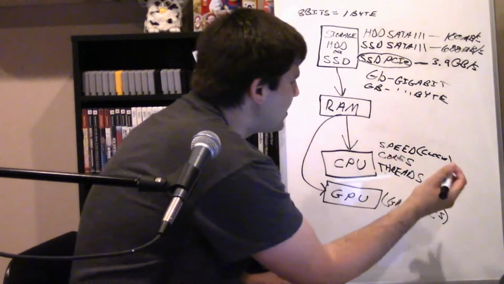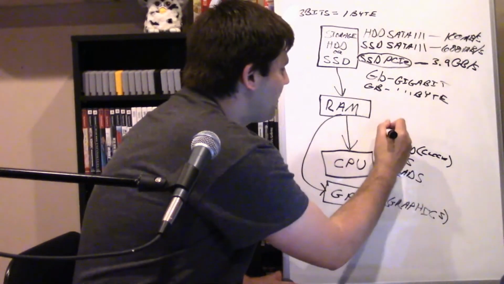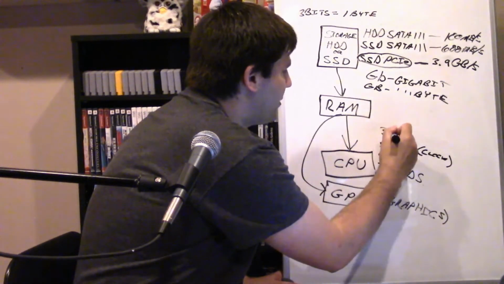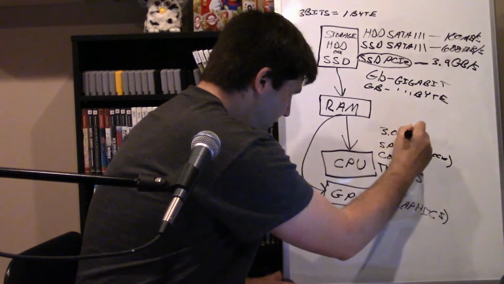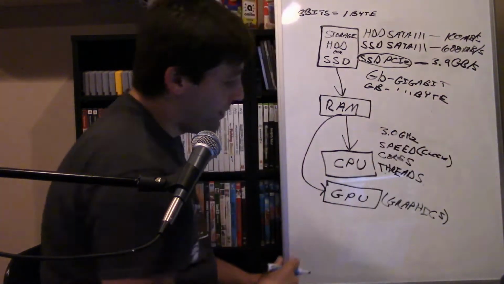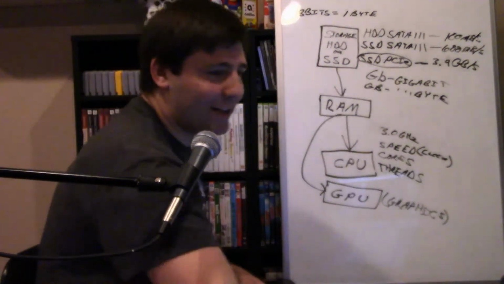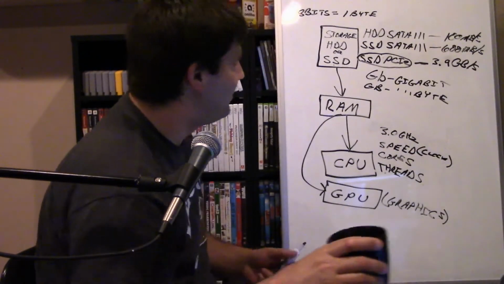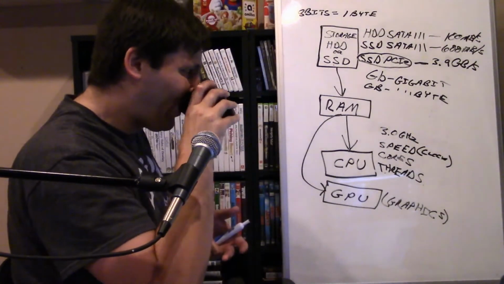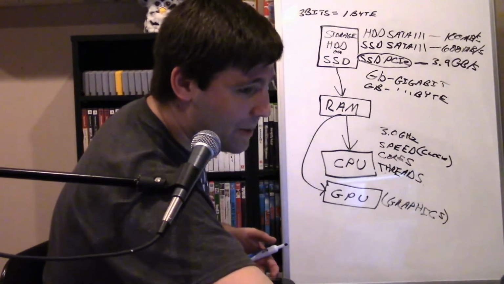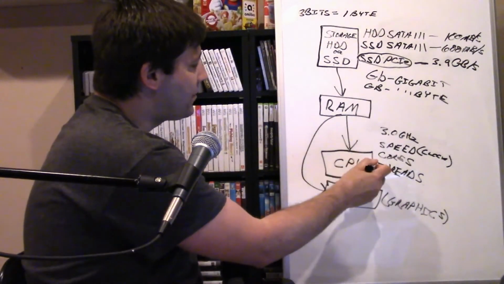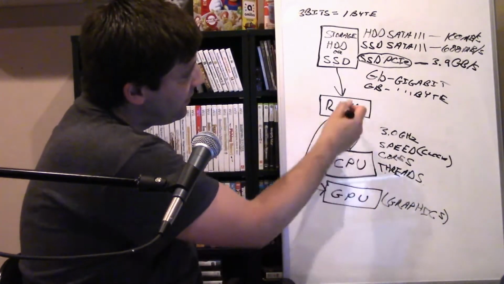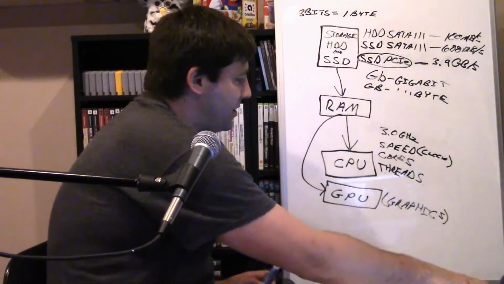For instance, a lot of CPUs these days are in the 3 gigahertz range, which means millions upon millions of calculations per second. I'm not going to get the exact number. So if a CPU only has one core, that's what's going on every second.